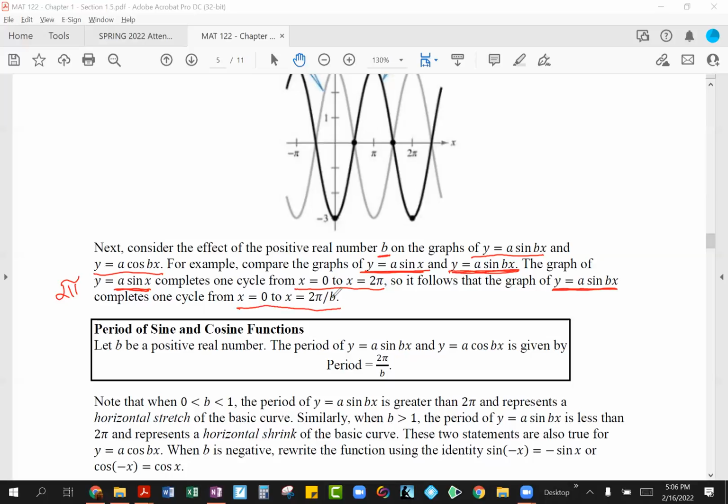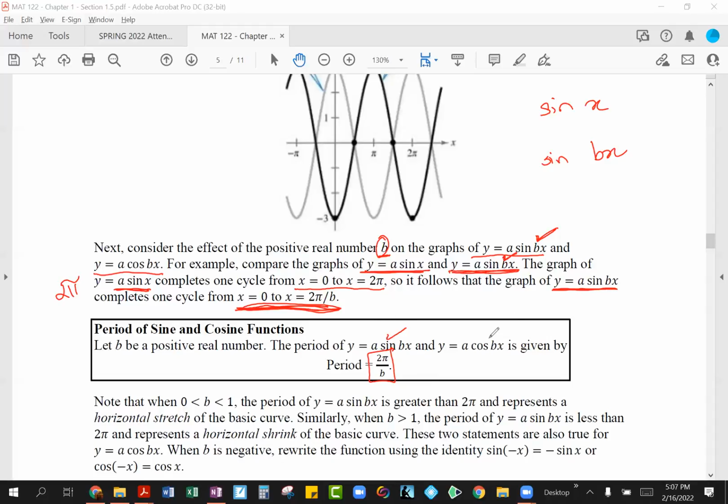So what happens when you take this factor of b and multiply it in front of your x value, so instead of sine of x you have sine of bx, is that it changes the period of your function, because now your period becomes 2 pi divided by b.